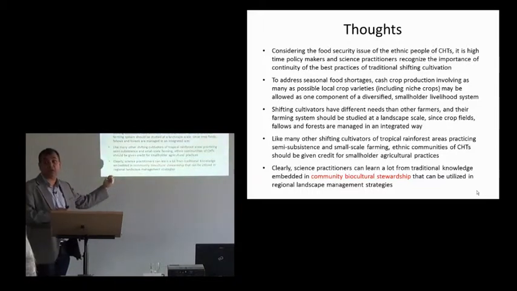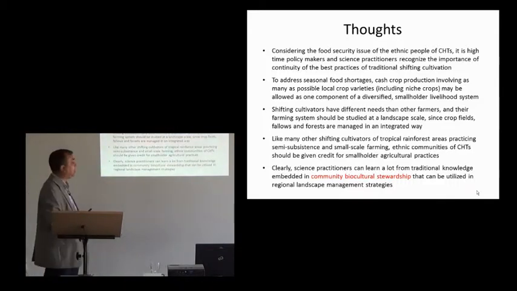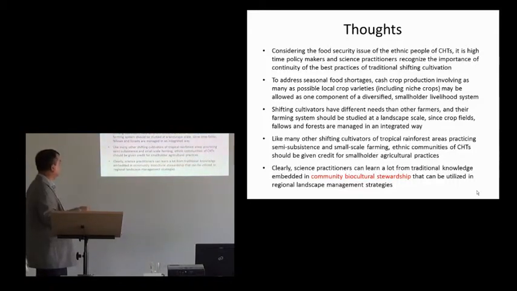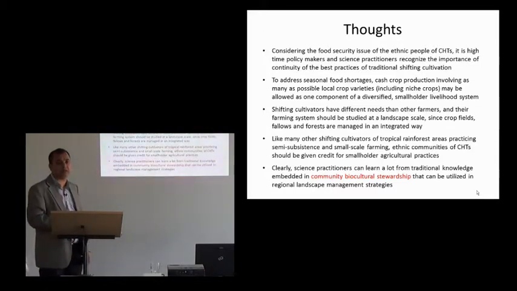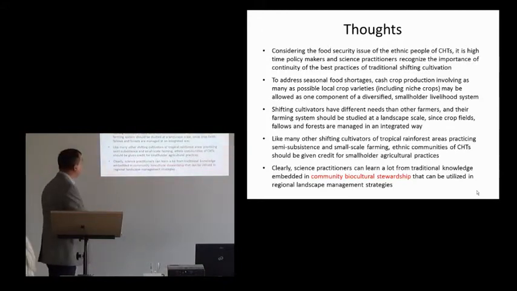That will also help conserve the local biodiversity from being lost. And I again say that biocultural stewardship is very important, and can inform the science practitioners. When they develop landscape management strategies, they can make use of this.